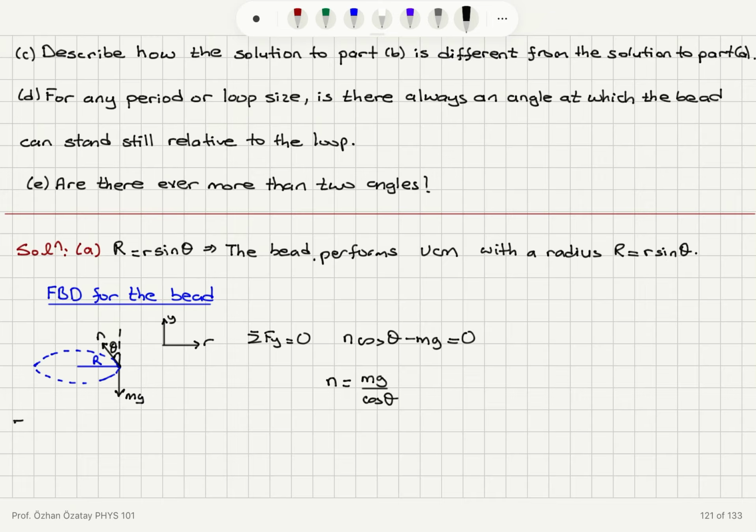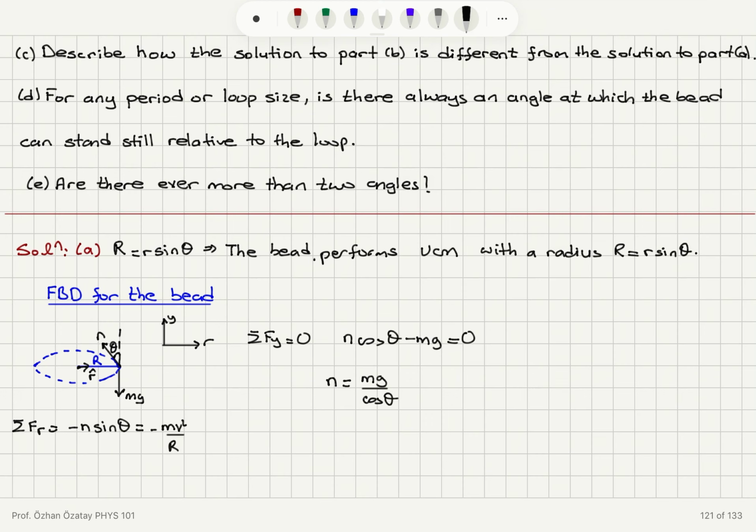The radial component of the force, Fr, would be equal to N sine theta, but because the center is here, r hat would be pointing in this direction, so it is minus N sine theta r hat, which is minus mv squared over R r hat.